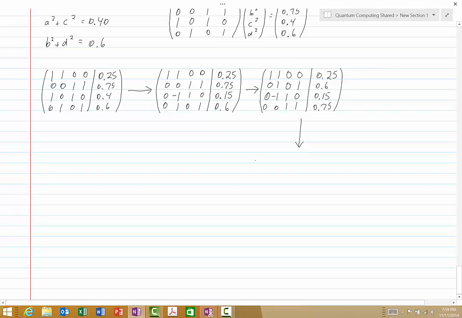So we get 1, 1, 0, 0, 0.25, then 0, 1, 0, 1, 0.6. And when we add the second row to the third row, 0 and 0 is still 0, 1 and negative 1 is 0, 0 and 1 is 1, 1 and 0 is 1, and 0.6 and 0.15 is 0.75.